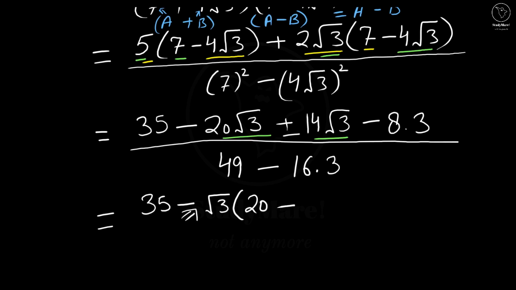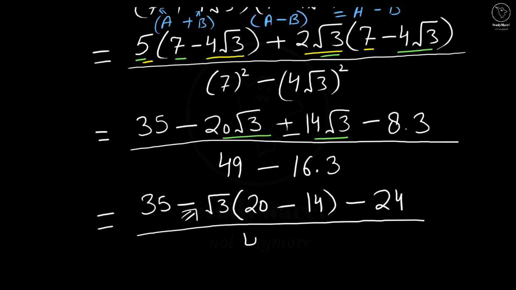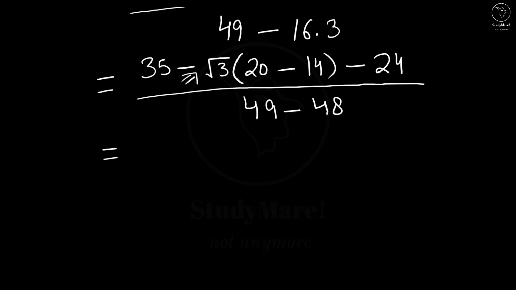So this becomes 14 minus 8 into 3 is 24, divided by 49 minus 16 into 3 is 48. Solving this further, we get 35.